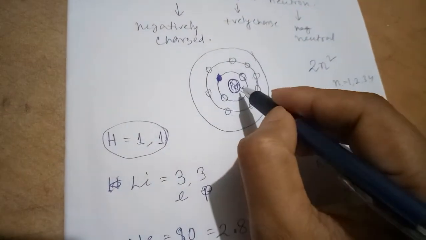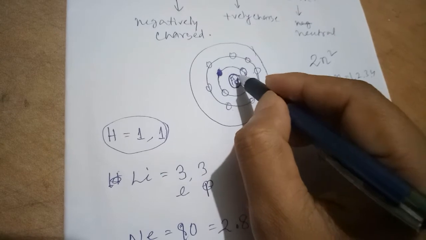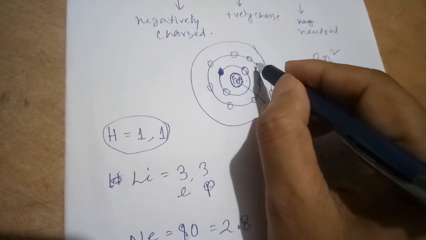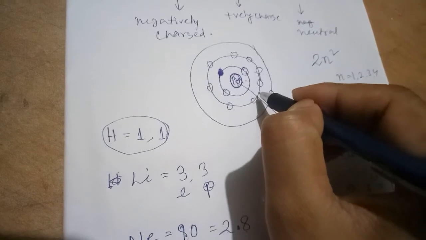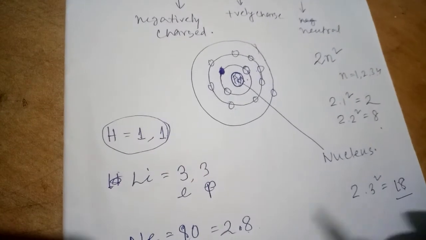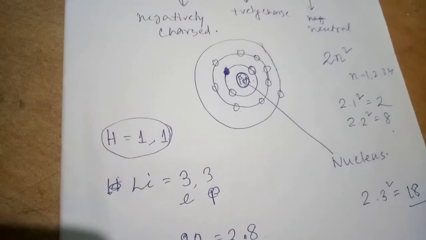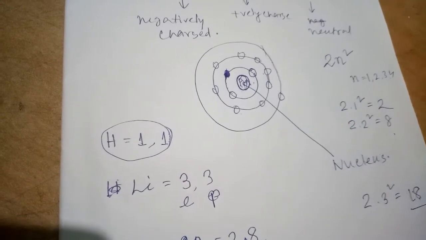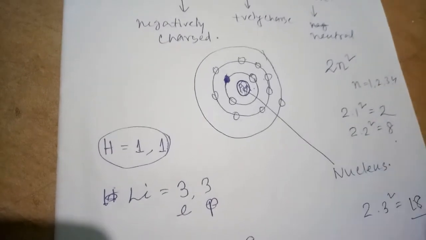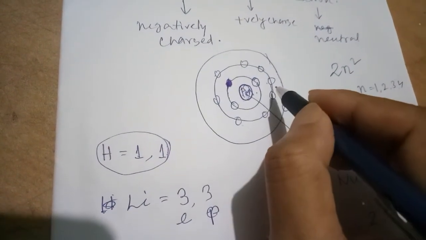So in an atom, electrons, protons and neutrons are present. Protons and neutrons are present in the nucleus. The nucleus is regarded as a positive sphere, and electrons are present around it in certain orbits. These orbits are known as shells, and it is like the earth and other planets moving around the sun in certain orbits, with the sun regarded as the nucleus.